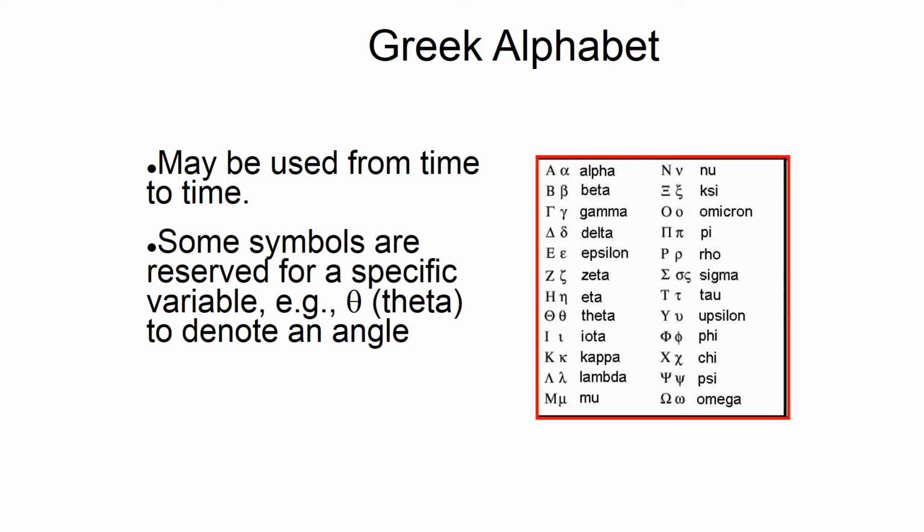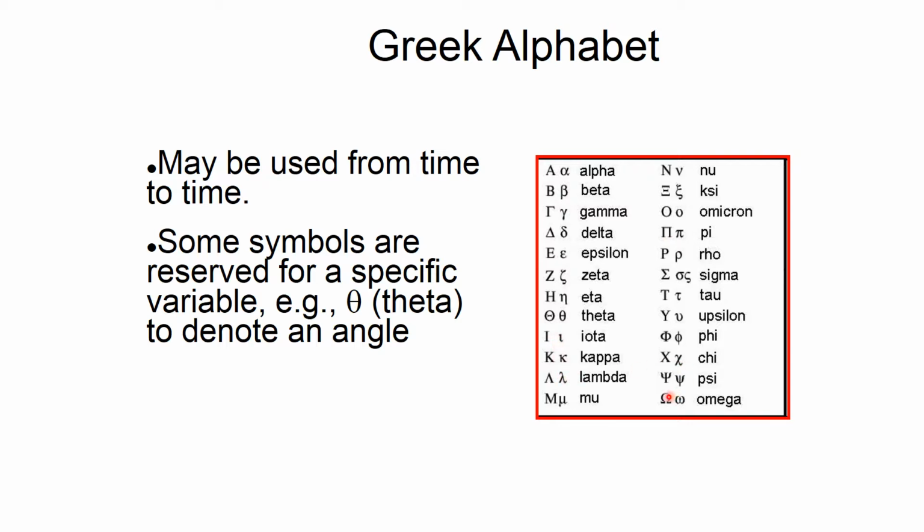Some of them are worth knowing, though. Theta, for example, is quite often used to measure angles. Some of them are specific numbers. So pi is the circle constant. Lambda is quite often used for decay constants.